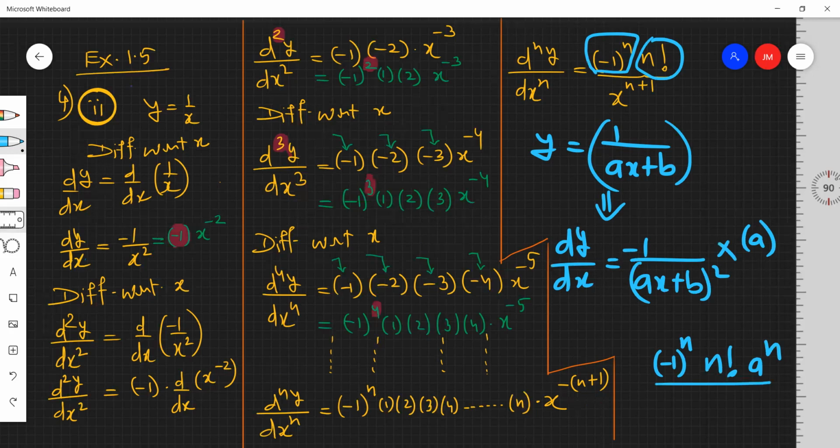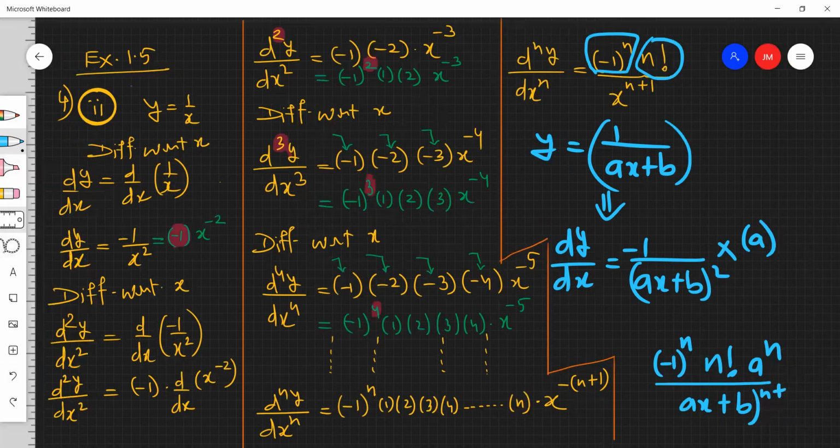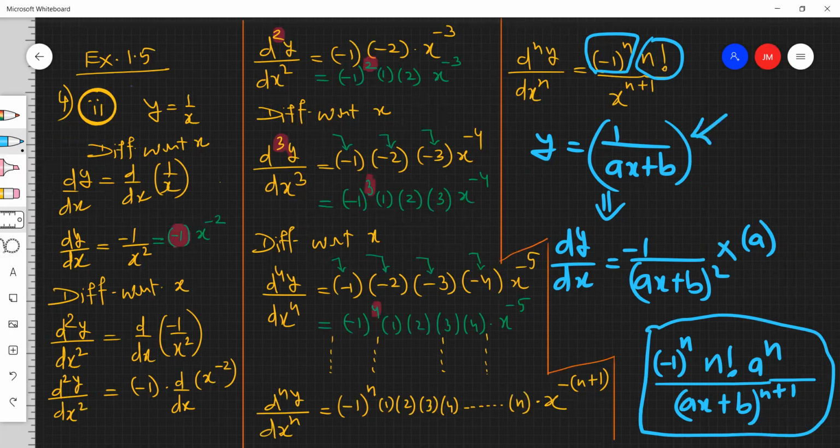And down here, you will have ax plus b raised to n plus 1. This is all you have to do. Students, this is going to be the nth order derivative of 1 upon ax plus b.